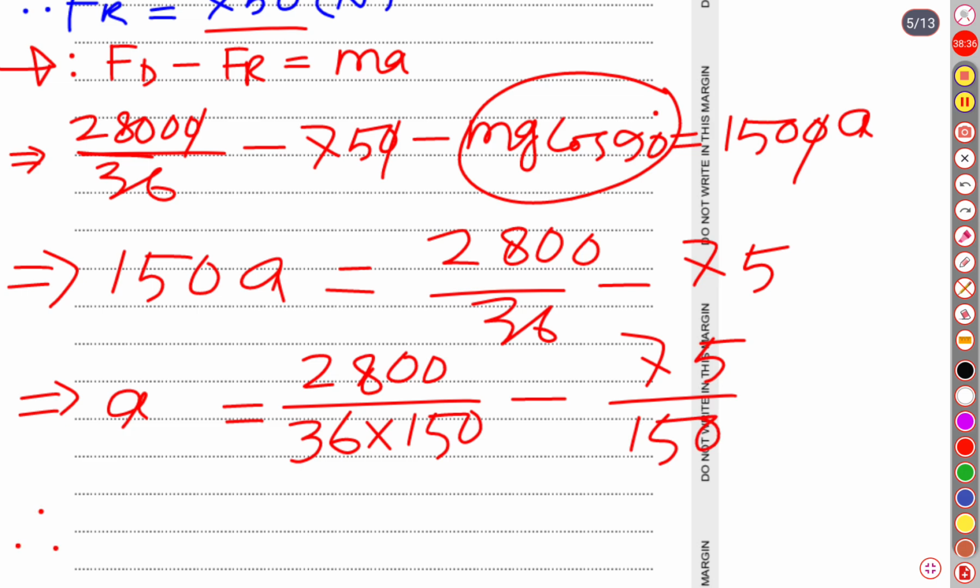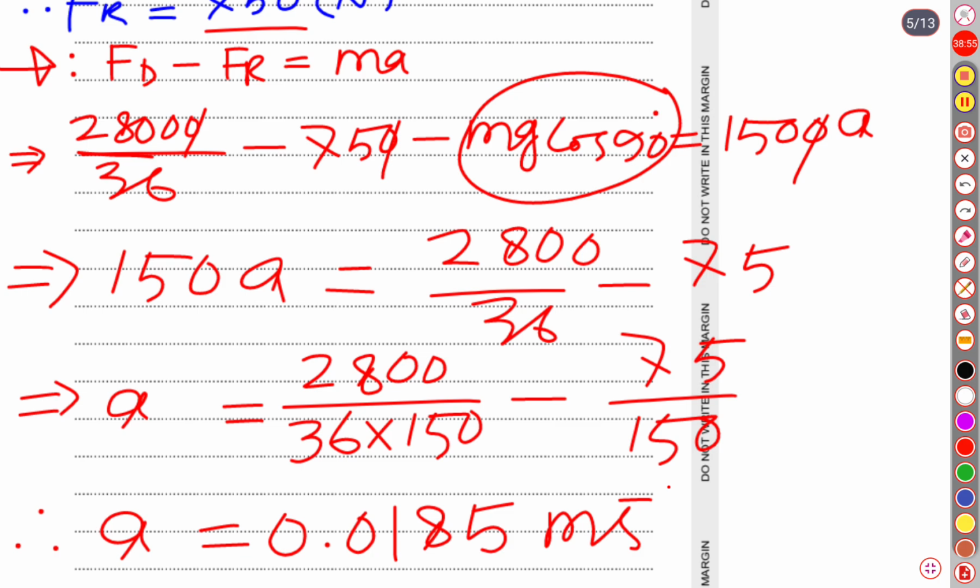Hence, finally, using our calculator, our acceleration is 0.0185 meter per second squared.